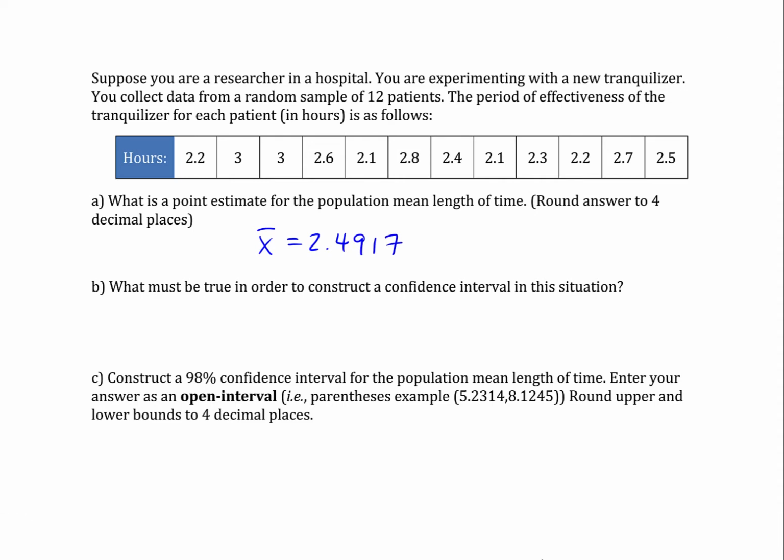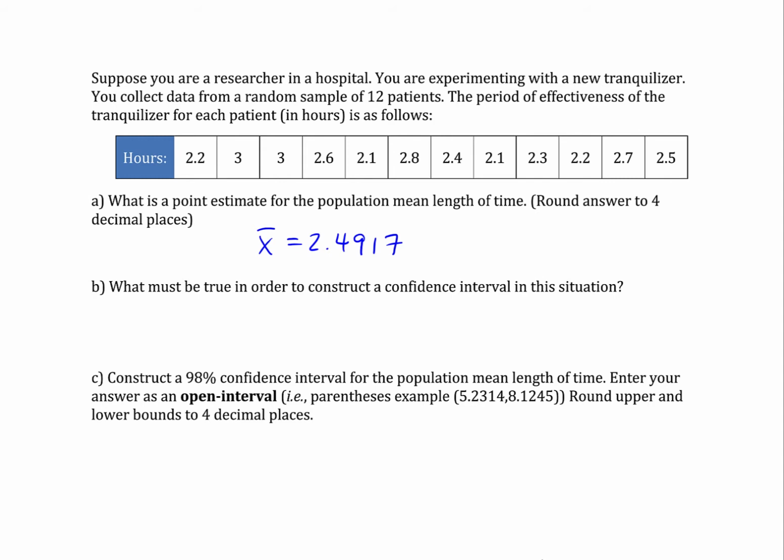All right, what must be true in order to construct a confidence interval in this situation? Well, in order to be able to construct a confidence interval, we need to be certain that the central limit theorem is satisfied. So one of two things needs to happen there. Either we need to have a large sample, which we don't.